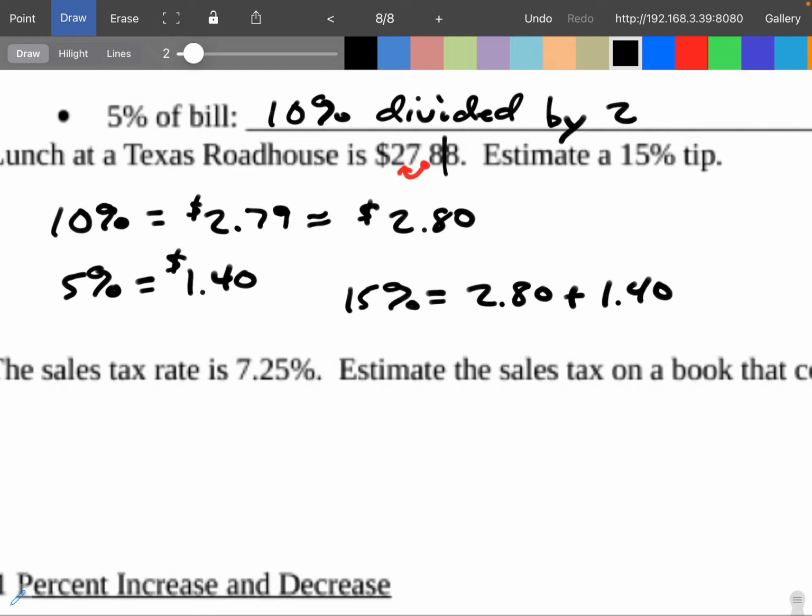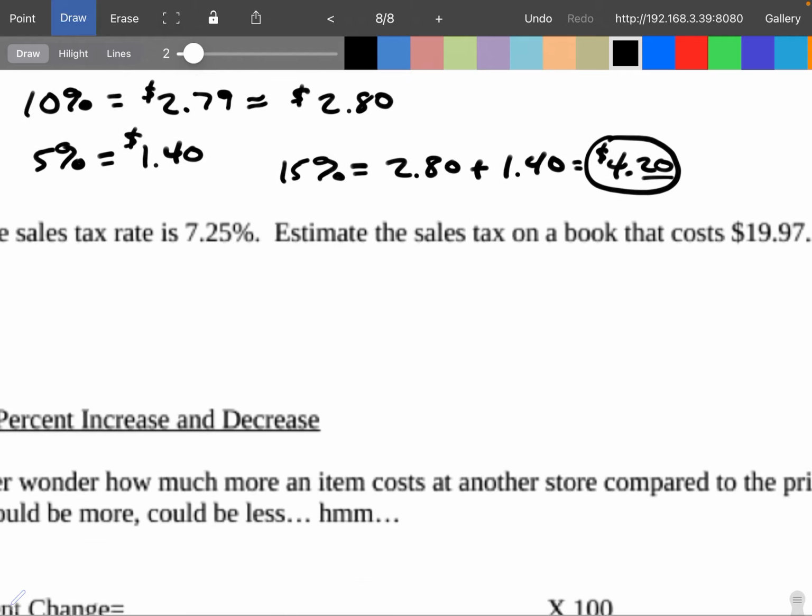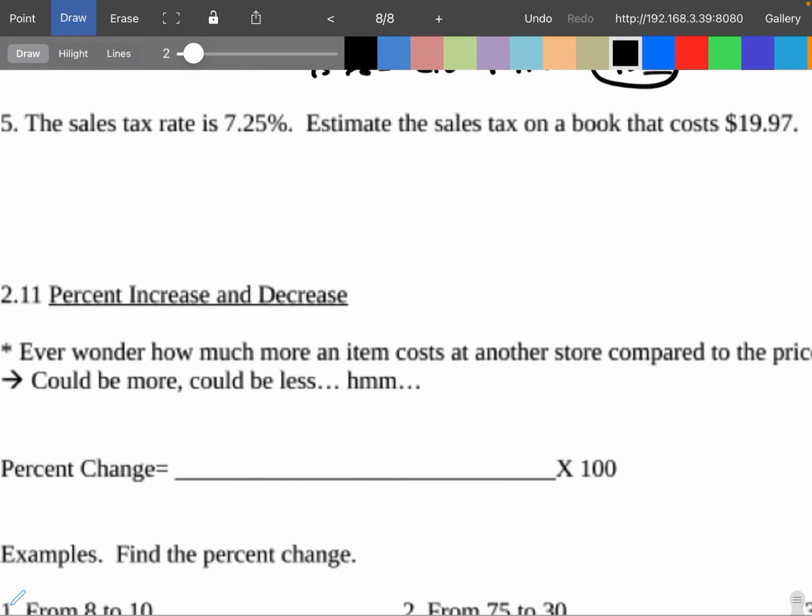So your 15% is going to be $2.80 plus your $1.40. So what's that? $4.20. There you go. So that's your answer.